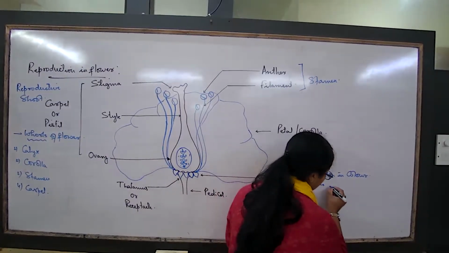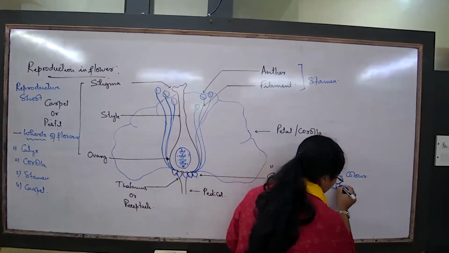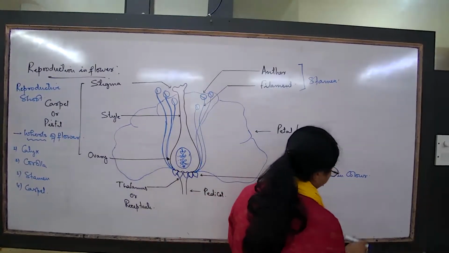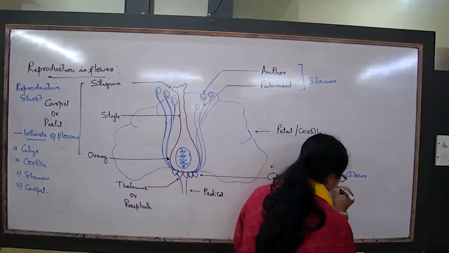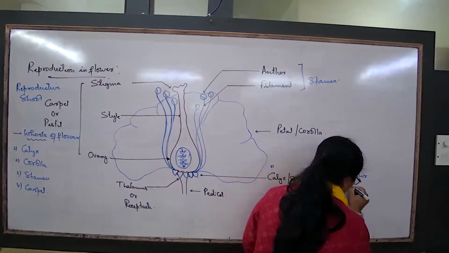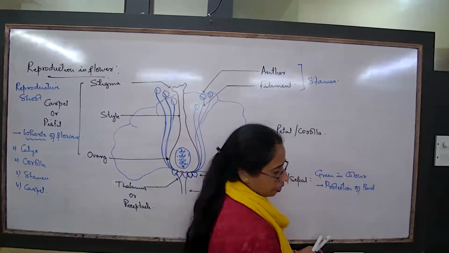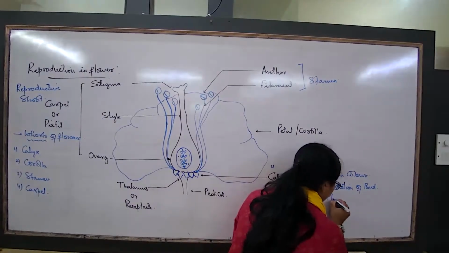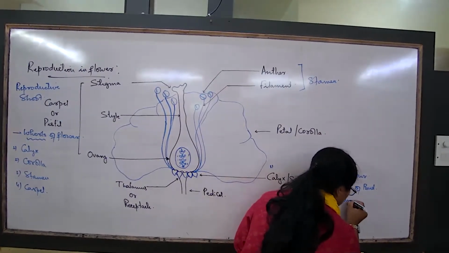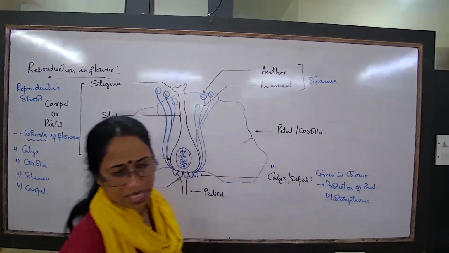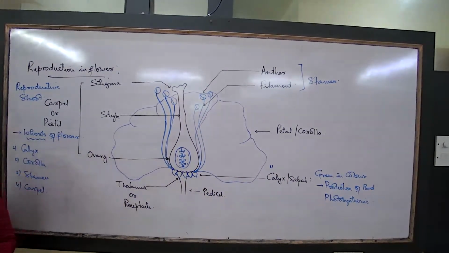Being green in color, what is their specific function? Their major function is the protection of the bud. Second is, since they are green in color, they also are capable of undergoing photosynthesis. The cells have got chloroplast.